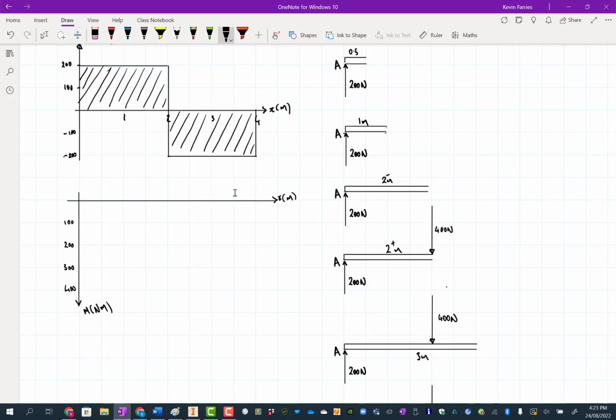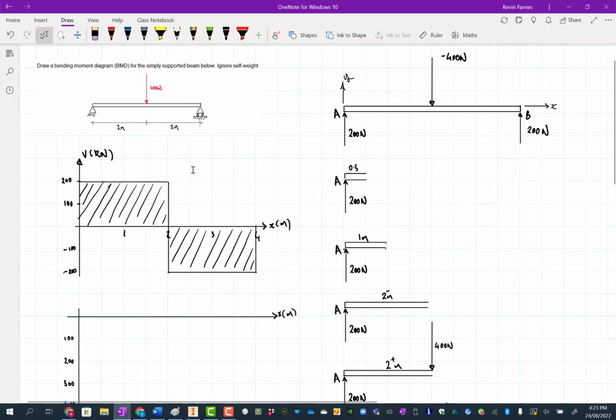Okie dokie. So let's run through and find some points along this using the method of sections. What we are doing here is taking the beam and cutting it to make those internal forces become external forces. And this is the one point when you're drawing these pretend external forces on where you're thinking about what positive is for the internal forces.